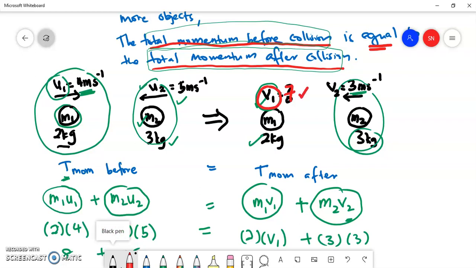So we can use this formula. Depending on the question, they may give you an unknown, maybe u1 is not given or u2 is not given, the others will be given, or maybe the mass is not given. Based on what you are given, you will have to use the formula and calculate. All right, so that's about it for the momentum section.